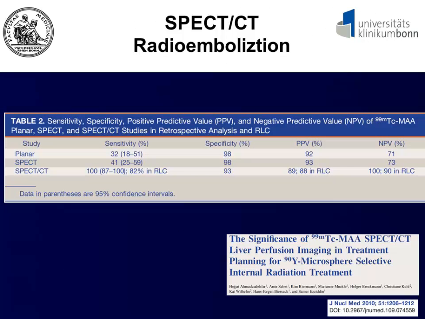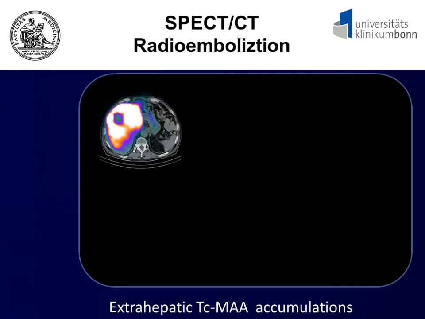But you can increase the sensitivity, and especially the negative predictive value, of your test for finding extrahepatic accumulations dramatically, from 32 to 41% with planar and SPECT imaging to up to 100% with SPECT CT.